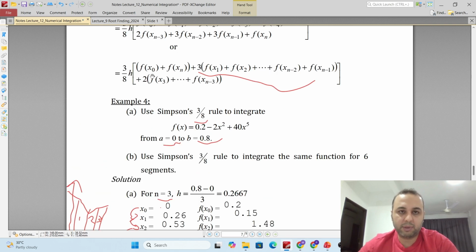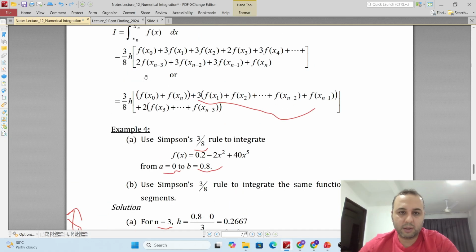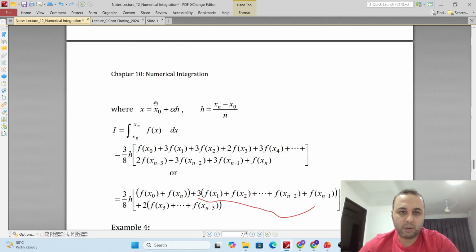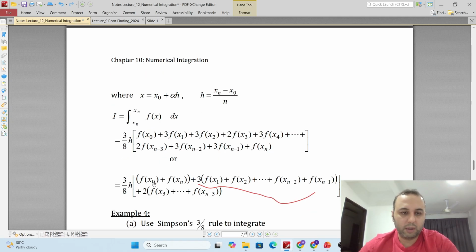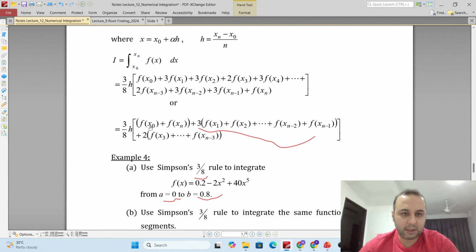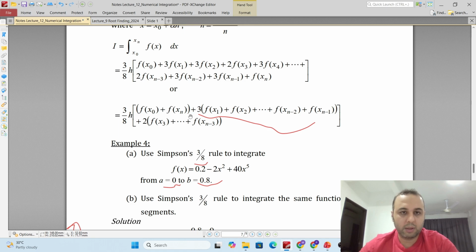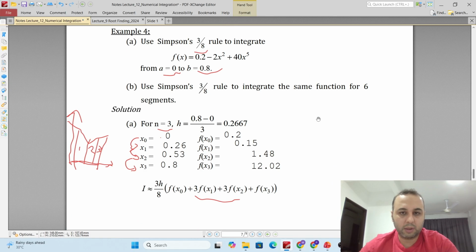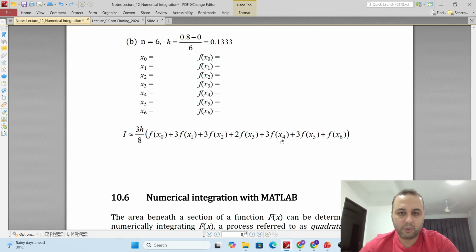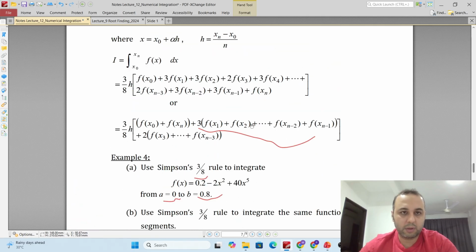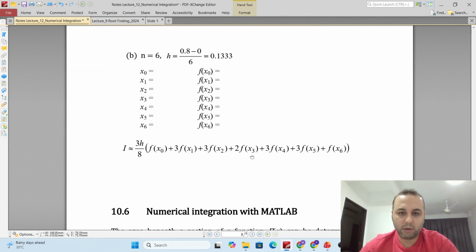So if we apply multiple application Simpson using this formula, we will get, if we put n equal 6 segments, f(x0) plus f(x6), point number 6, plus 3 times f1, f2, until f5, f1, f2, f4, f5, plus n minus 3, 6 minus 3, f3, f3 times 2.